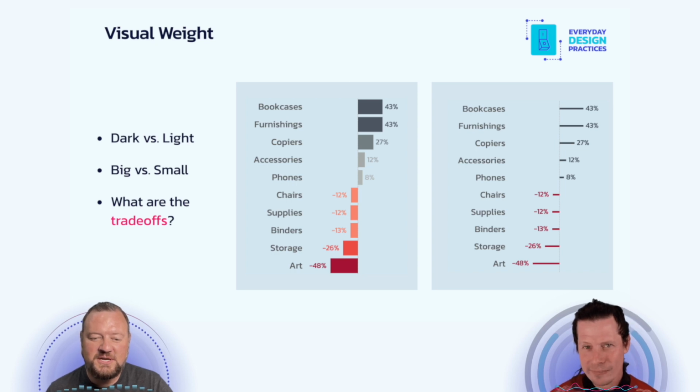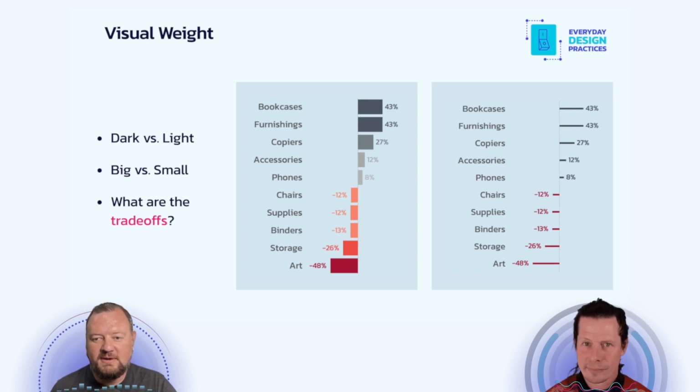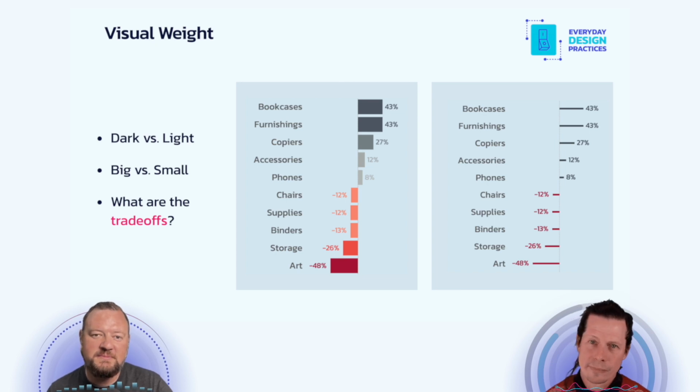If I'm looking for chairs, I want that to have more prominence, more weight. So that should be around the same size or even a little bit bigger than the bar next to it, because that's what I want to be drawn toward first. But maybe it isn't, right? It's all going to depend on what we are trying to accomplish here.